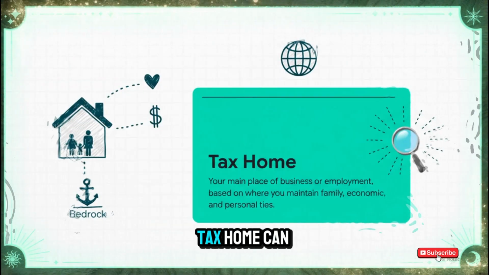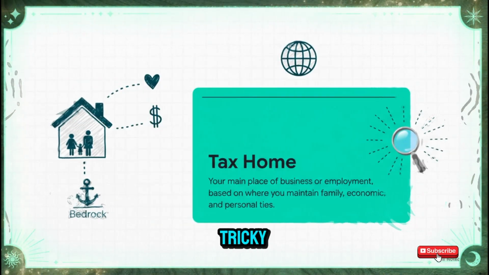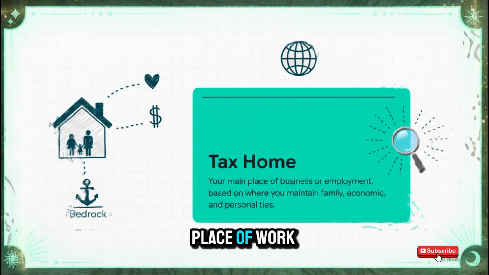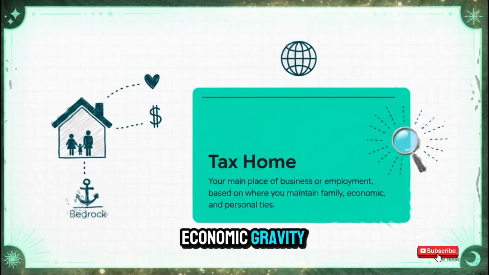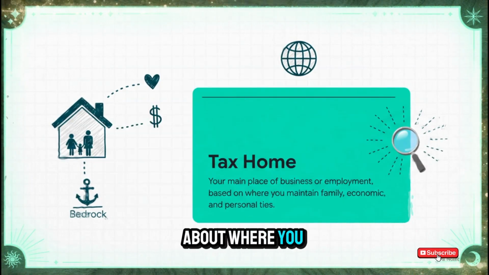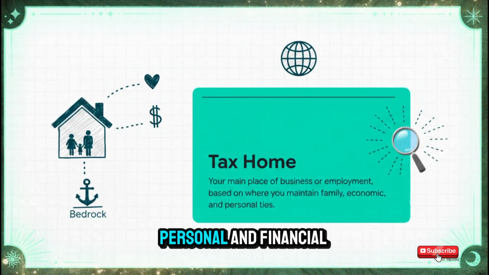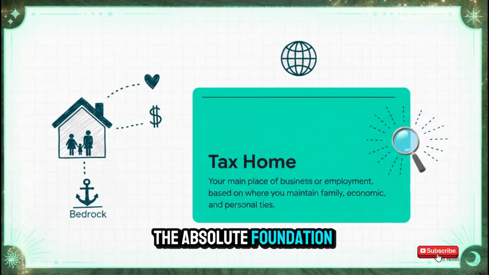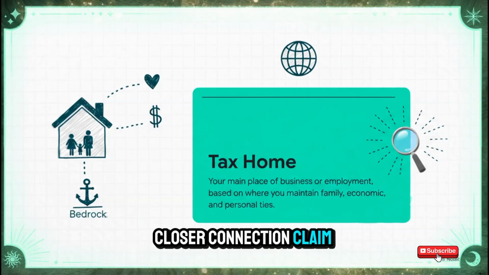And that term, tax home, can be a little tricky. The IRS doesn't just mean the house you live in. It's your main place of work, your center of economic gravity. It's really all about where you have your most significant family, personal, and financial ties. This concept is the absolute foundation for making a closer connection claim.